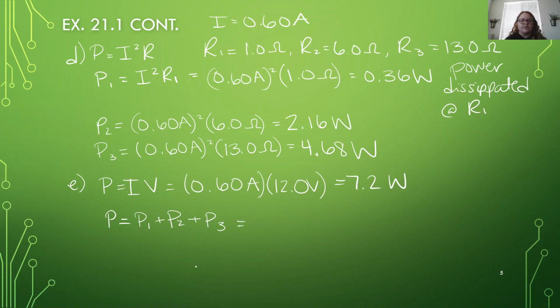I'm going to do that in my calculator. So 0.36 plus 2.16 plus 4.68, and we get 7.2 watts, which is exactly what we expected. I know that this stuff is a little new, so if you take your time through this, it'll probably make more sense.